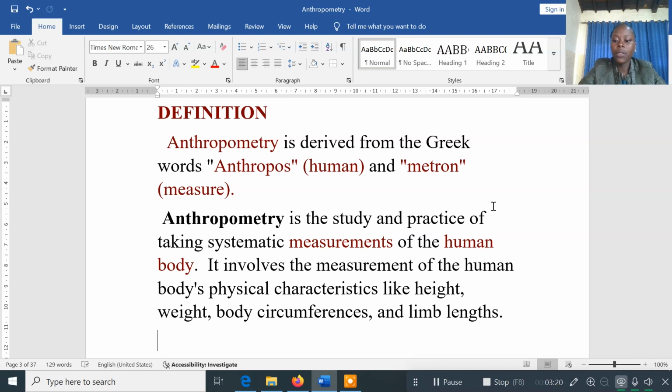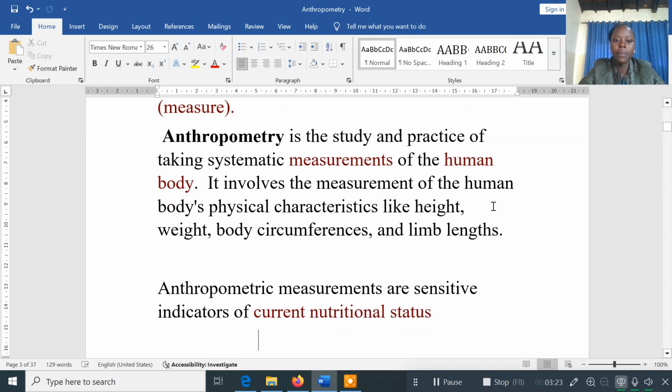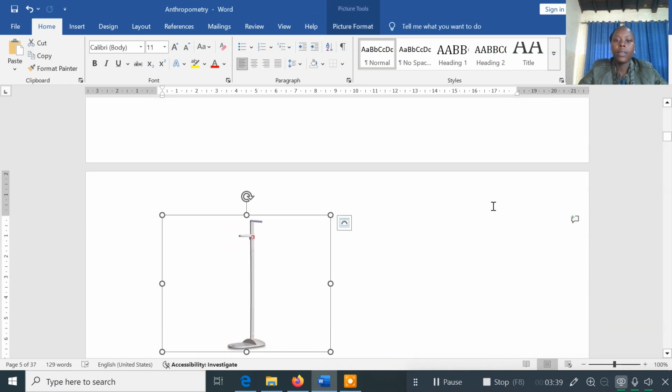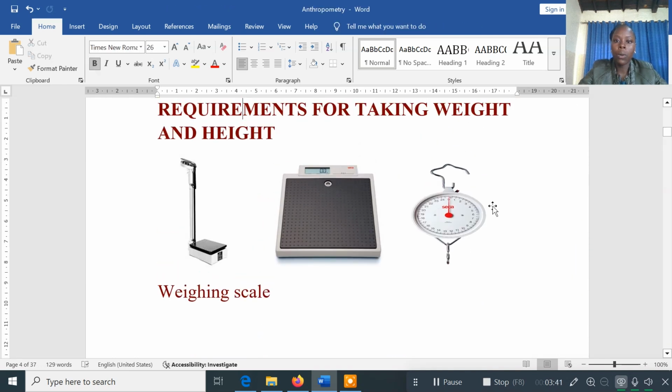Right. So we are going to proceed, and they are telling us that anthropometric measures are sensitive indicators of the current nutritional status of an individual or a child, if at all you're dealing with a child, okay? So we are going to first look at the requirements that we might need.